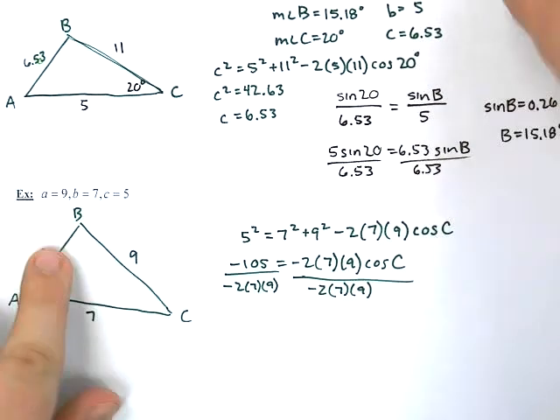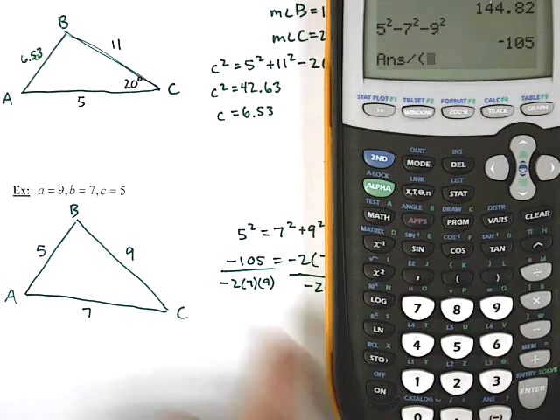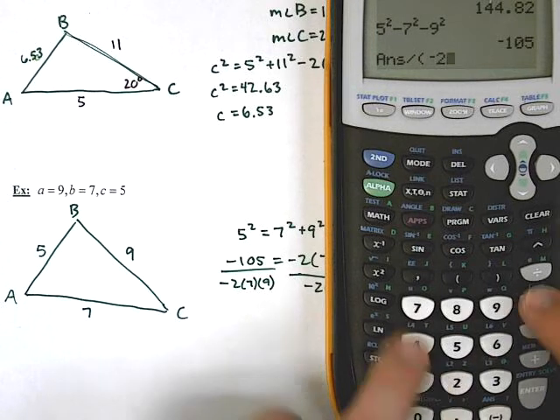So be really careful when you do this. Make sure that if you divide, you're putting all of these underneath. So negative 2 times 7 times 9.